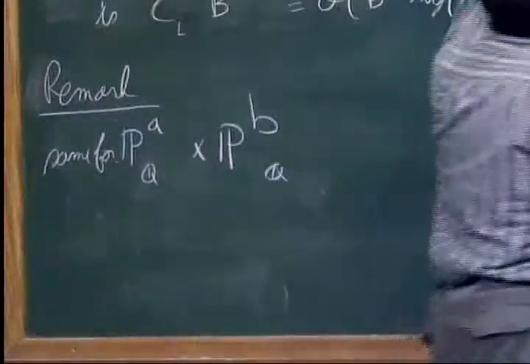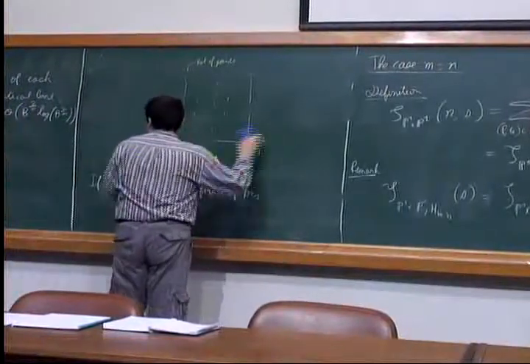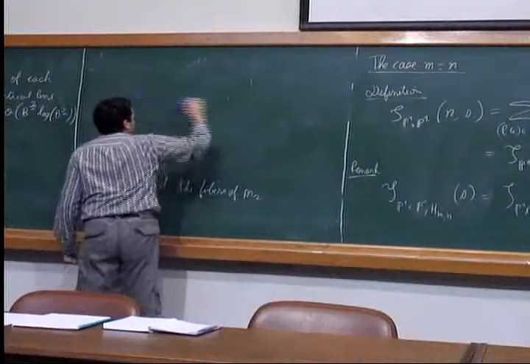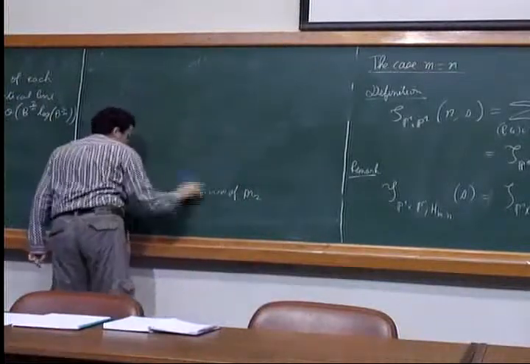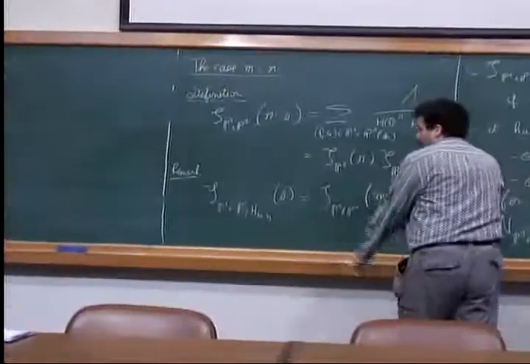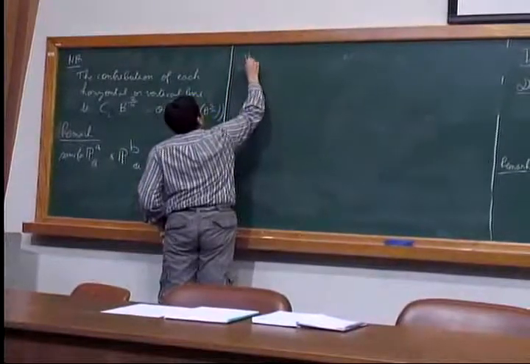What do we get in that case? Once again, everything we have done for P1 cross P1 works exactly the same. So there is no problem. And you get the following result.